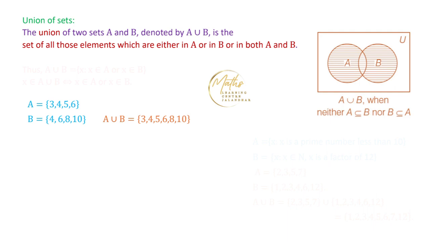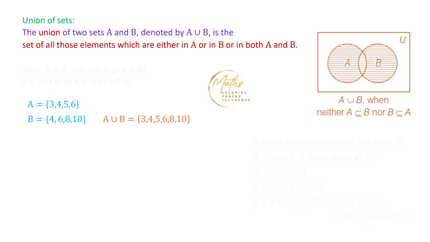We are considering the case of A union B, particularly when neither A is a subset of B nor B is a subset of A. In this diagram, this portion is the set A, and this portion is the set B. Any element that is in A lies in A union B. Any element that lies over here lies in A union B. So this diagram shows that A union B contains all elements of A as well as all elements of the set B.